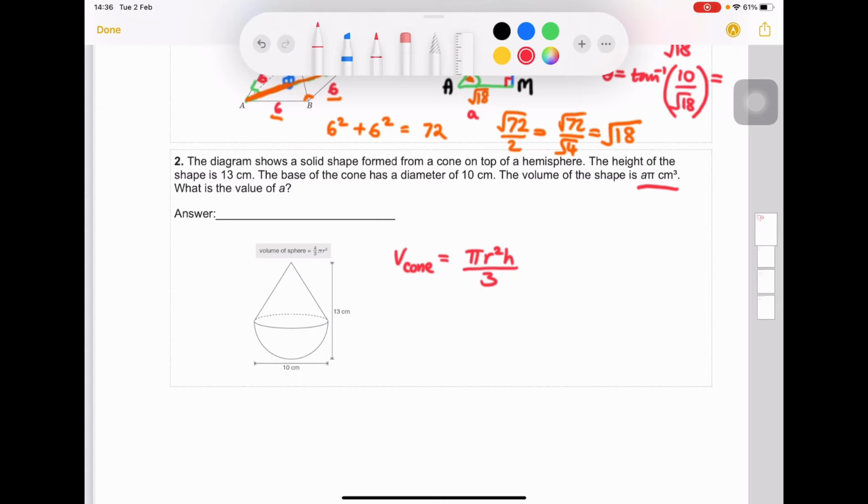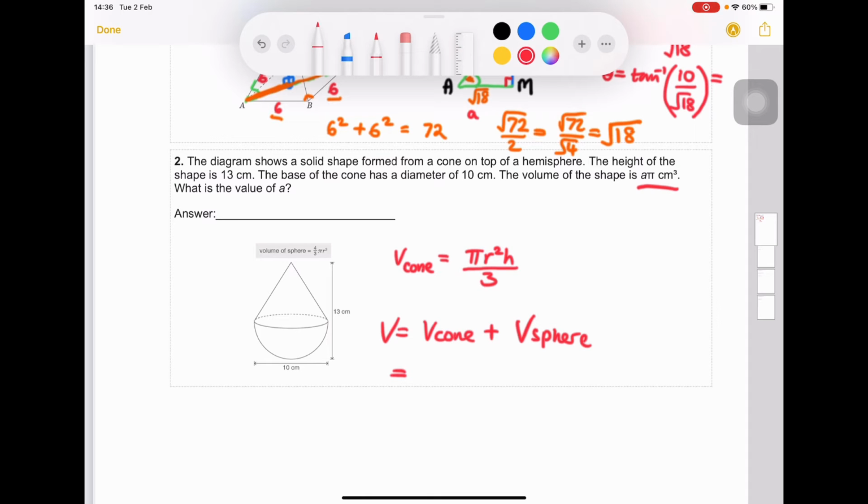It's similar to the volume of a cylinder, but divided by 3. So now we're going to use these 2 formulae and the values we have. So the total volume of this 3D shape will be volume of cone plus volume of sphere.